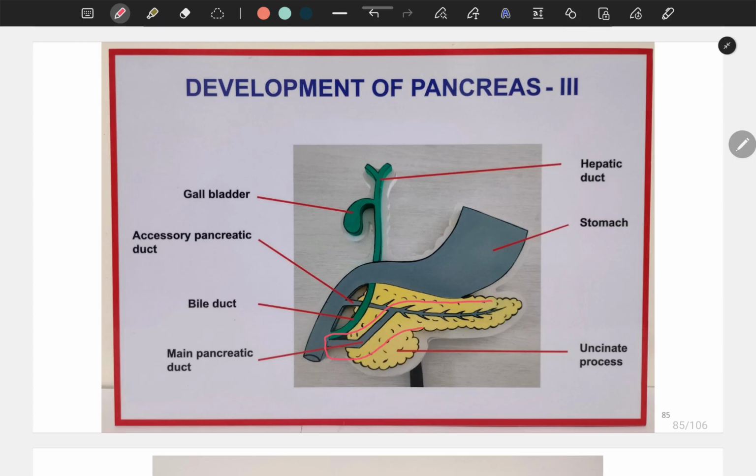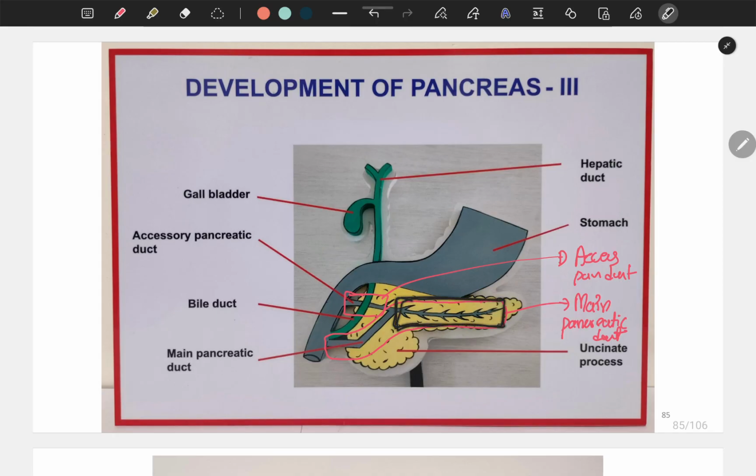This part is called main pancreatic duct. And this part is called accessory pancreatic duct.